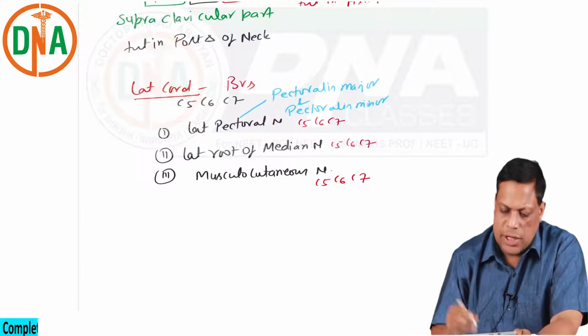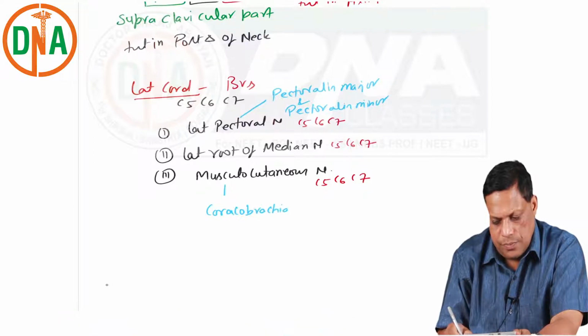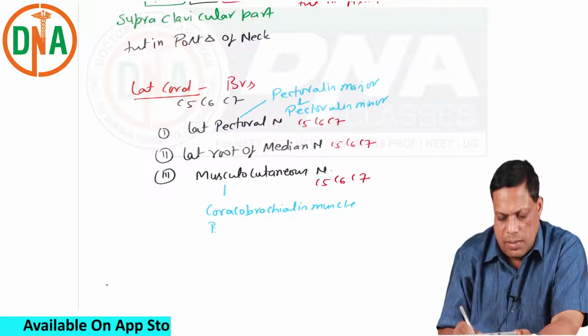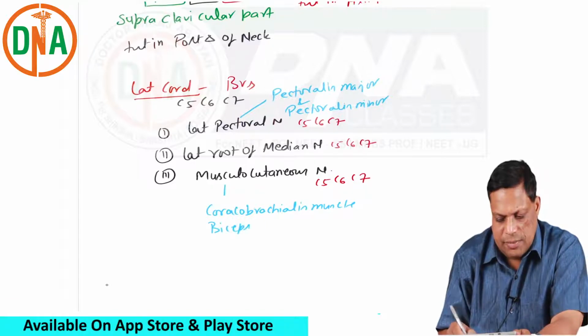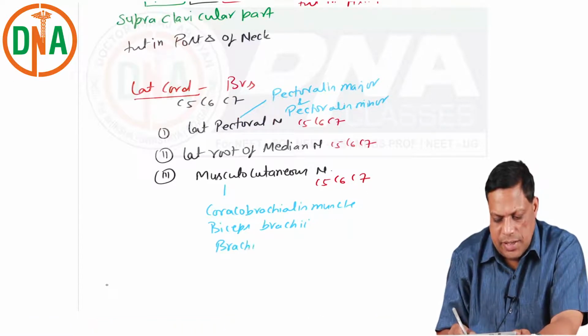And the musculocutaneous nerve supplies the coracobrachialis muscle, the biceps brachii muscle, and the third muscle is the brachialis muscle.